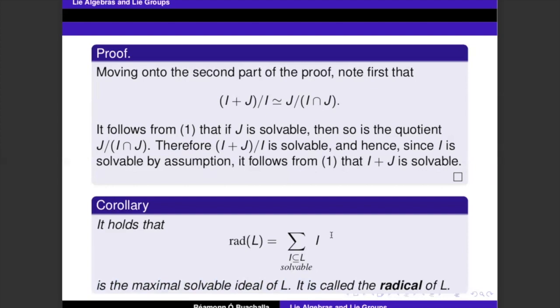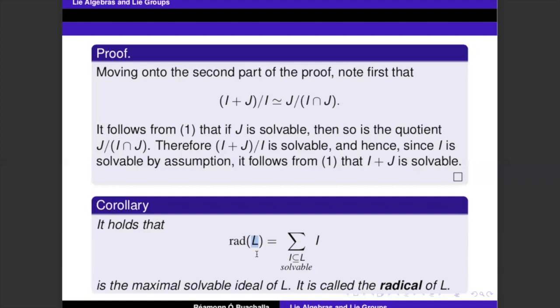It's clearly maximal, because if there was something else that contained it, that would have had to be in the sum in the first place, which means it's already contained inside there. So it has to be maximal. We call this maximal solvable ideal the radical. Remember, there's no assumption here that L is solvable.